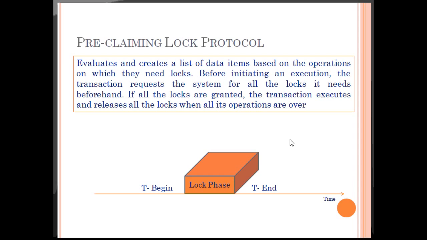Before initiating an execution, the transaction requests the system for all the locks it needs beforehand. If all the locks are granted, the transaction executes and releases all the locks when all its operations are over. If all the locks are not granted, the transaction rolls back and waits until all the locks are granted.